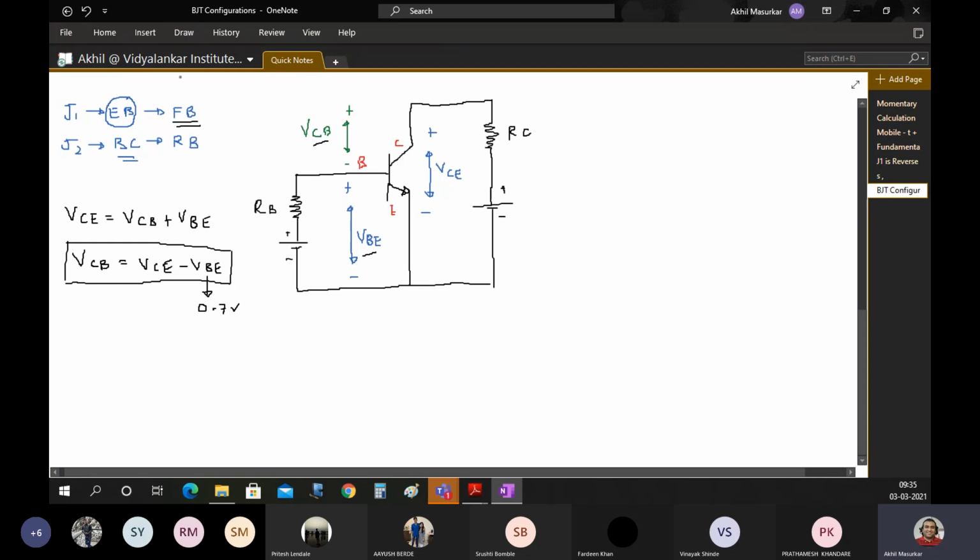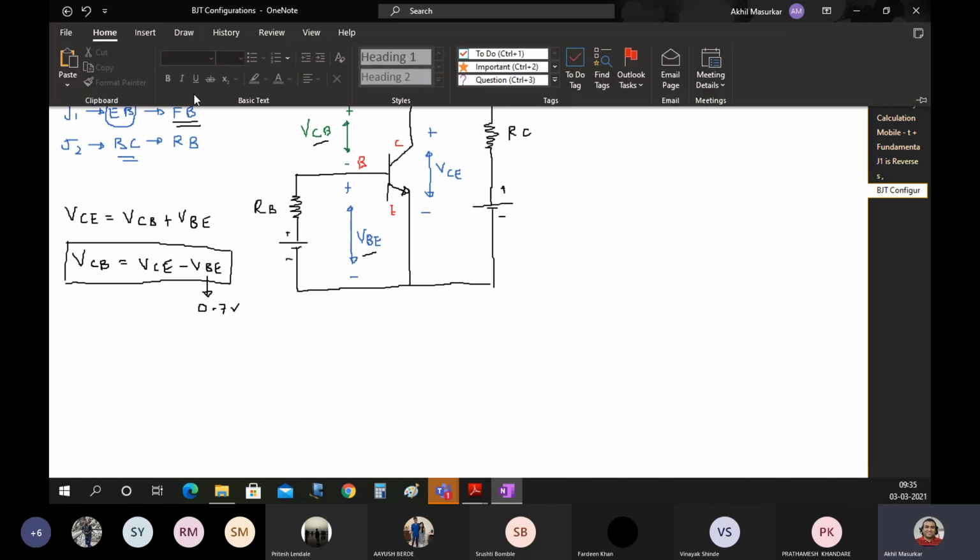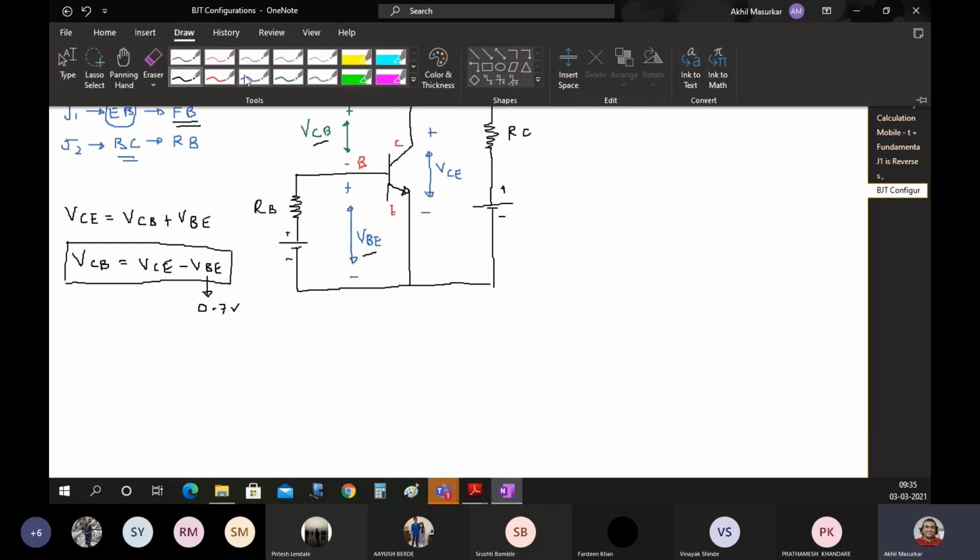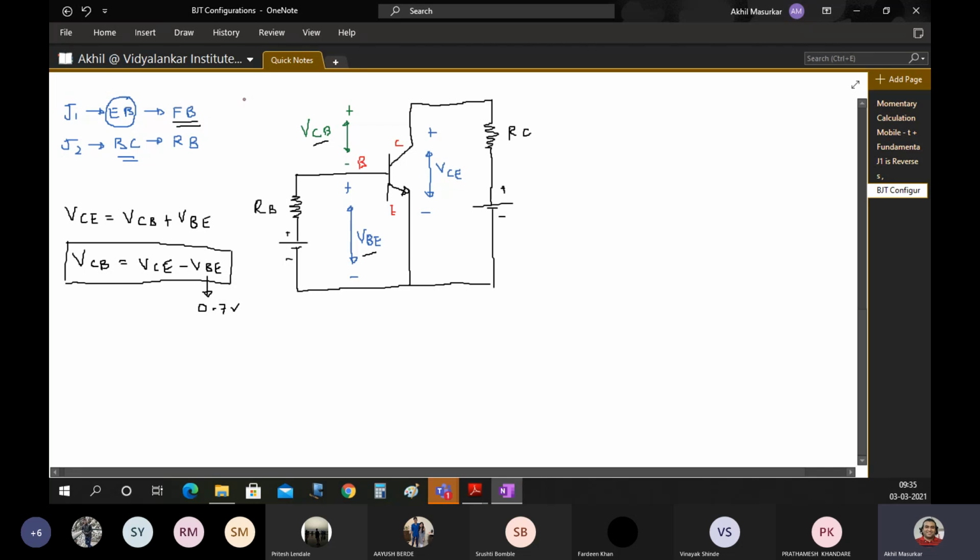So I will also name these two voltages, I'll call this V2 and this V1. Now what flows into the base is IB. So these resistances are used to actually regulate the current. So this is IC.